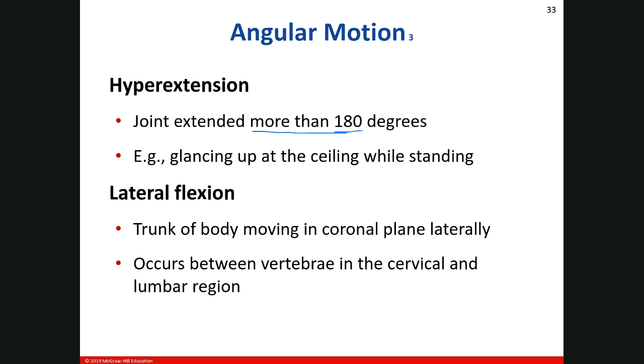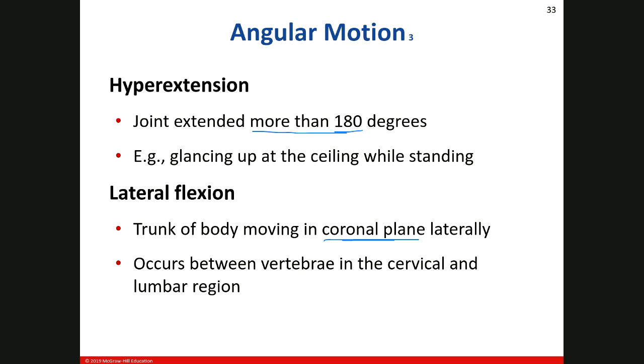Lateral flexion. In this situation, you need to know the plane. We're dealing with the coronal plane. Remember, the coronal plane divides you into front and back portions. So when you're doing lateral flexion, you're moving through that plane.